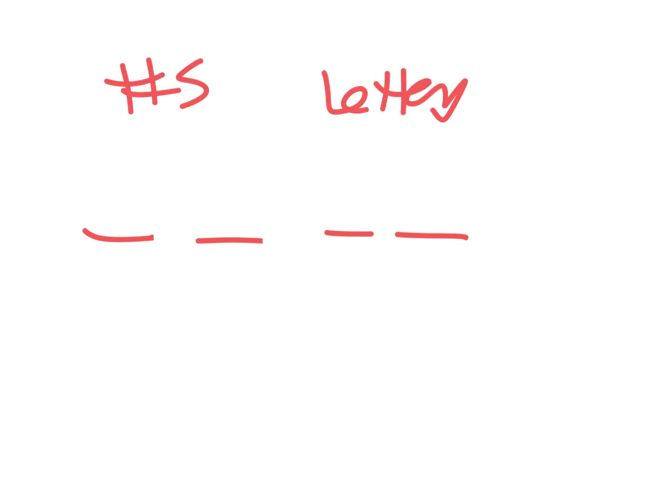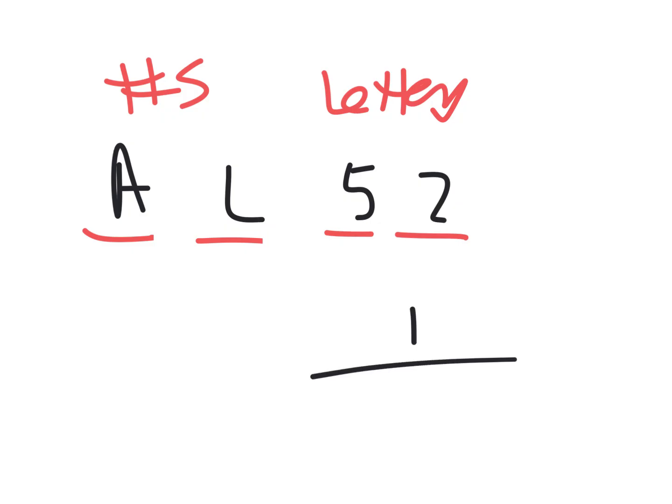Okay, next up is sometimes we give these questions about, a lot of times it's license plates because they just work really nice. If we had numbers for this and letters for this, let's imagine it's a safe combination. And there's letters, a couple of letters, a couple of numbers, and you want yours to be AL52 because your favorite player on Alabama is number 52, then you know that that's your combo, and there's only one of those out of how many total could there be? 26 times 26 times 10 times 10.